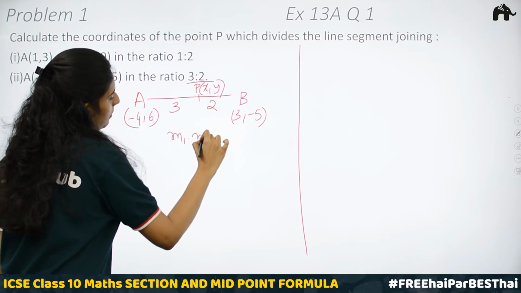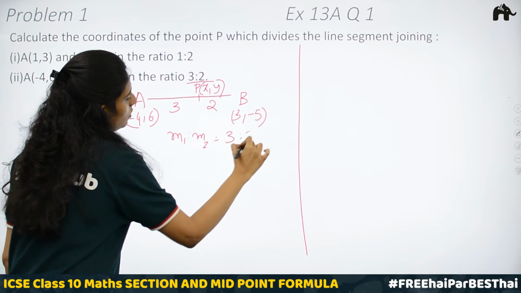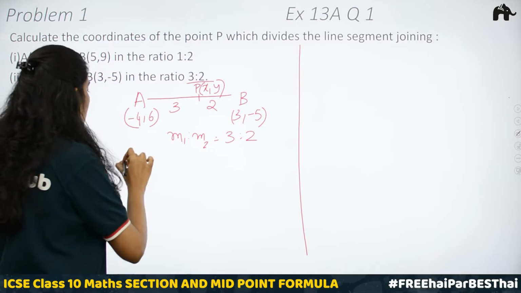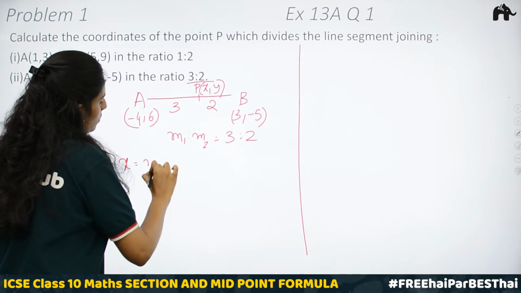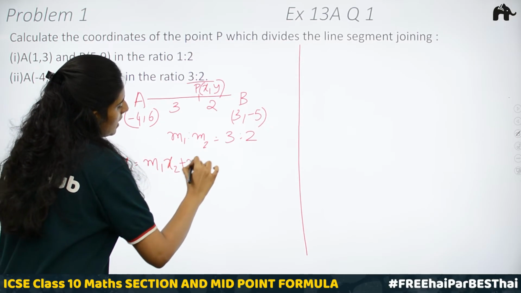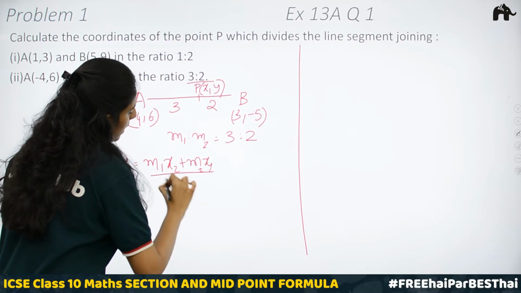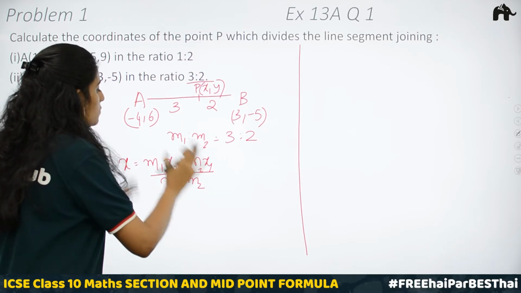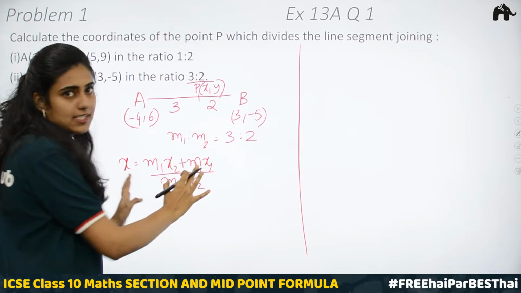M1 is to M2 is equal to 3:2. Okay. Now taking our section formula, x coordinate x is equal to M1 x2 plus M2 x1 divided by M1 plus M2. Do not directly put the values. First you have to write this formula because it carries some marks.